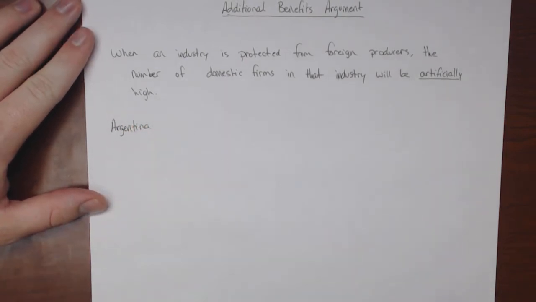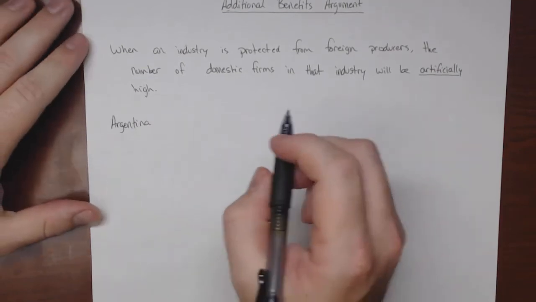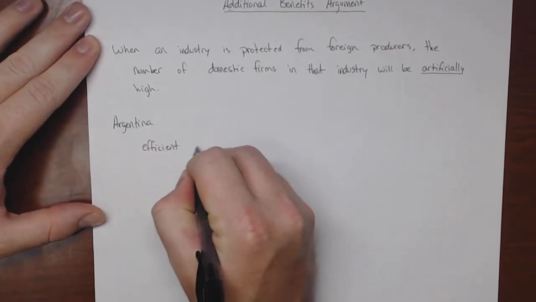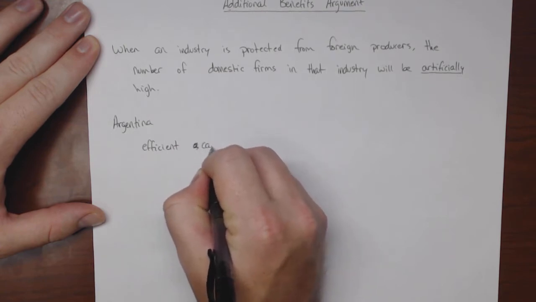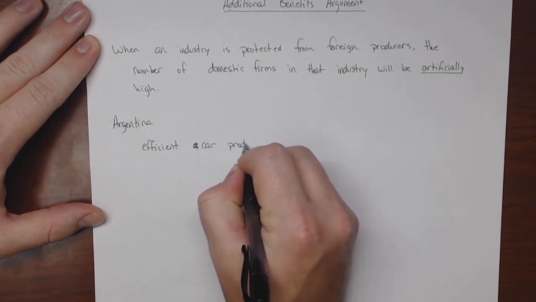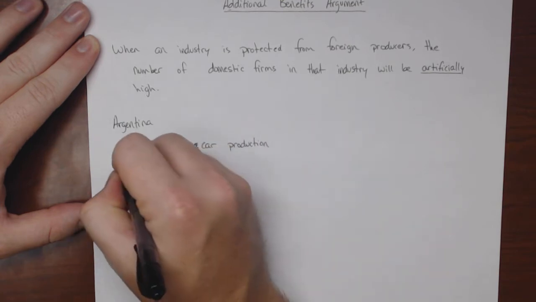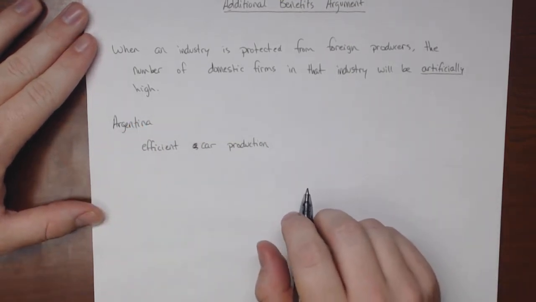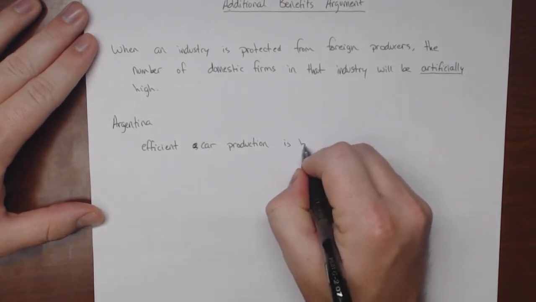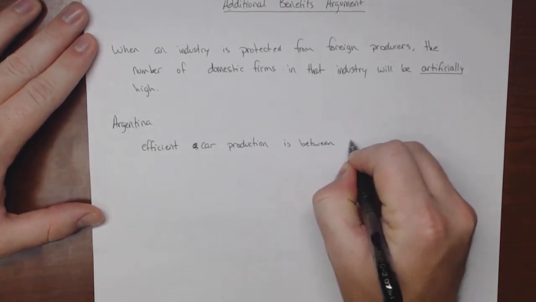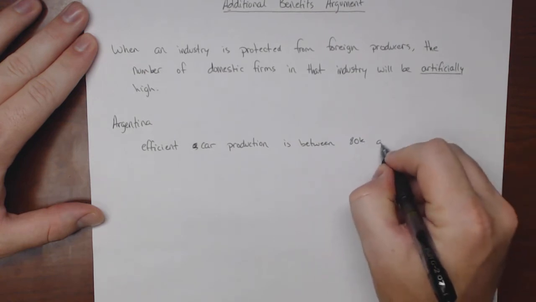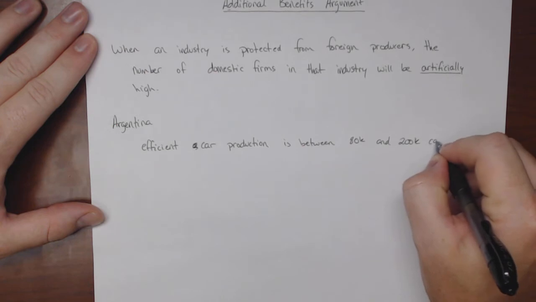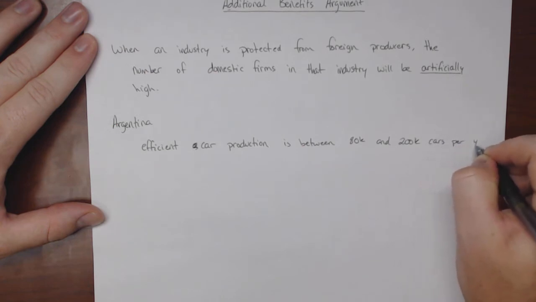Okay, so an example of this would be Argentina. Just as a point of order, let's say efficient car production, and this is technically not exact, but that's fine. Efficient car production is between 80,000 and 200,000 cars per year.